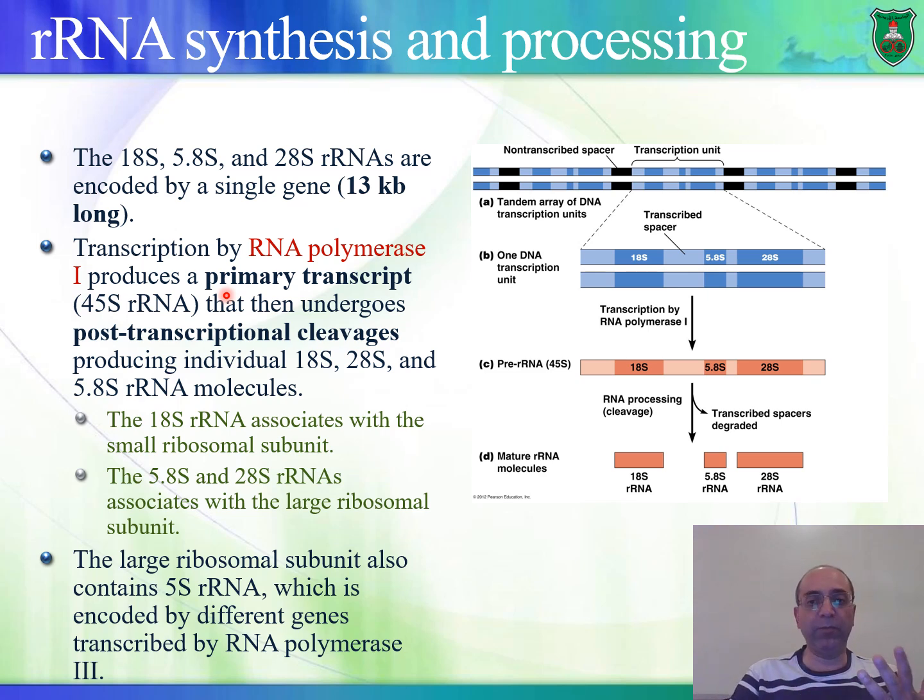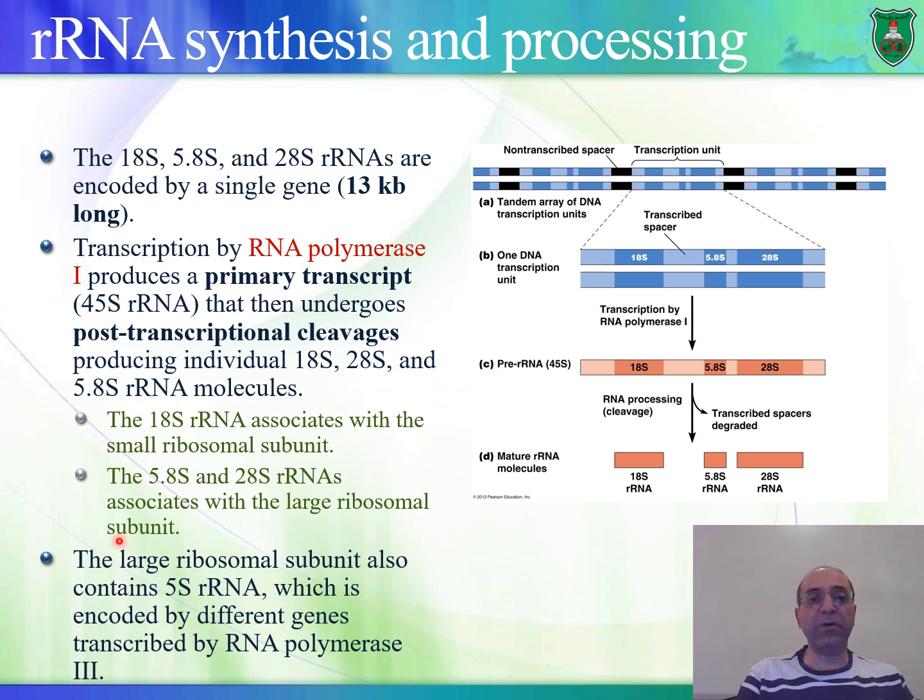We have RNA polymerase 1, RNA polymerase 2, and RNA polymerase 3. RNA polymerase 2 is responsible for synthesizing the messenger RNA, whereas RNA polymerase 1 is responsible for synthesizing ribosomal RNA molecules, specifically the 18S, the 5.8S, and the 28S.